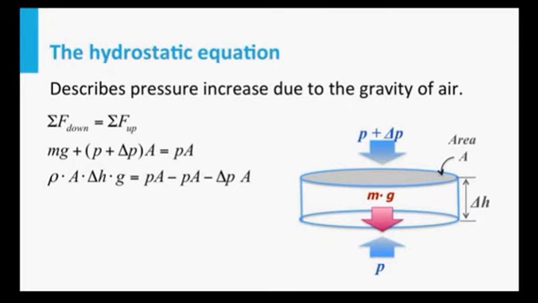First of all, P times A minus P times A reduces and disappears into zero. And we can also see that if we have A on both sides of the equation, we can divide by the area A, which means that we have a much simpler equation, which is rho times the altitude of the disk times gravity is equal to minus the pressure change.